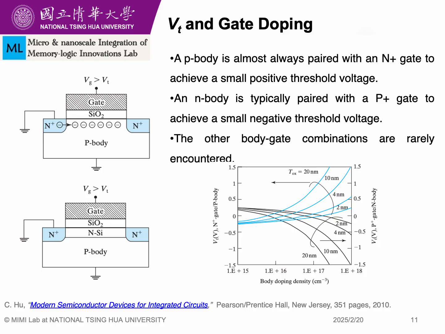Well, now we have seen this graph before. So the p-body transistor, that is the N-type MOSFET shown here, operates in the integrated circuit for voltage from 0 to positive above.